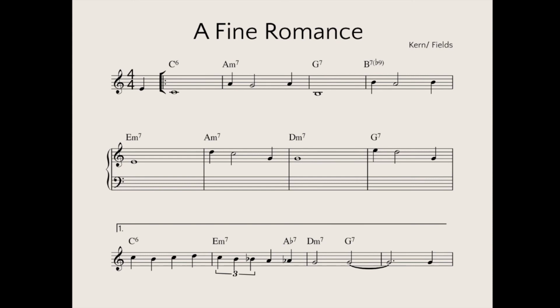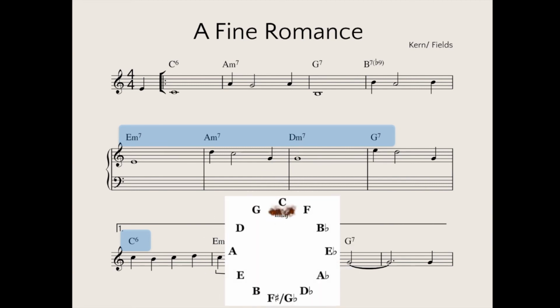Let's look at the C6 in bar 9 and assume we've found a tonal centre, and we'll work back diatonically. We can use the cycle of fourths to help us, along with the table of diatonic chord qualities.